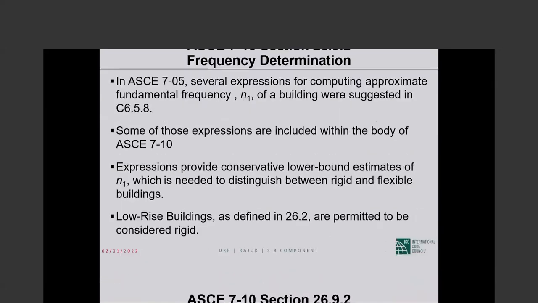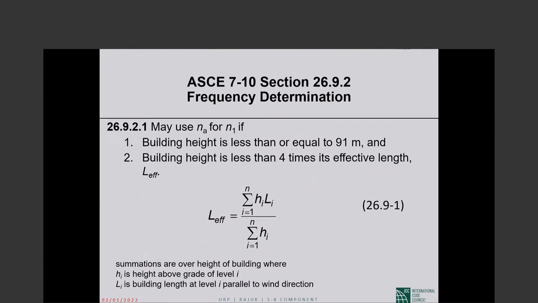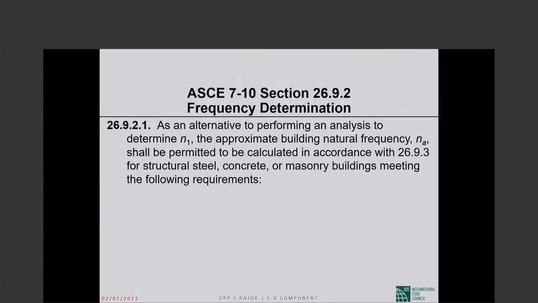So I have decided to show you that ASC 710 tells you how to calculate approximate frequency.